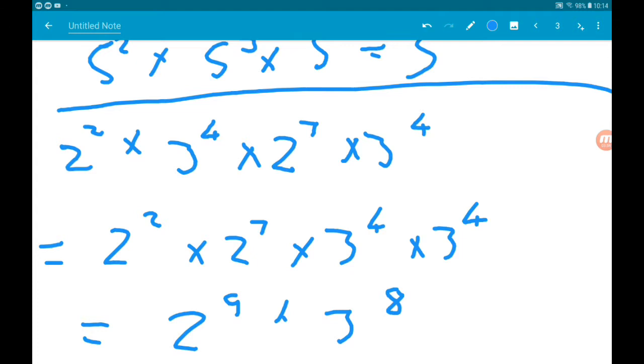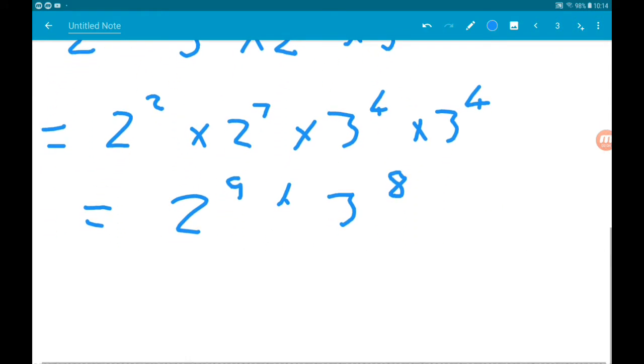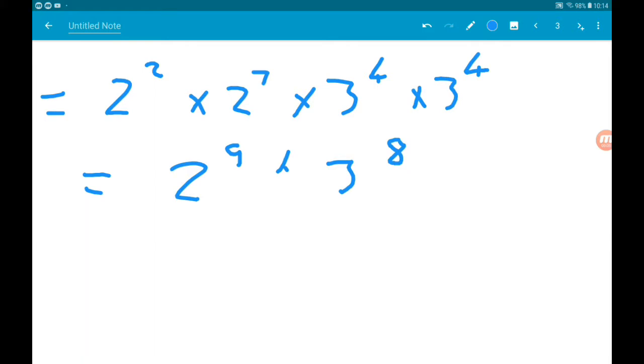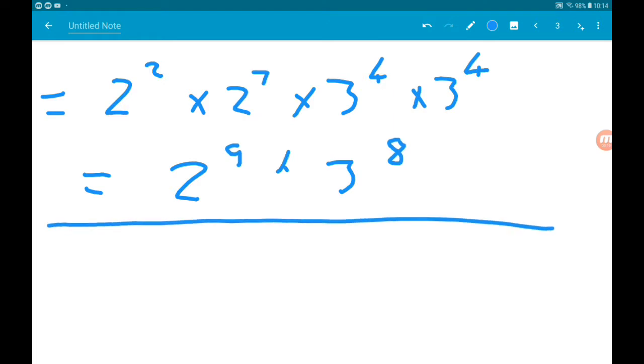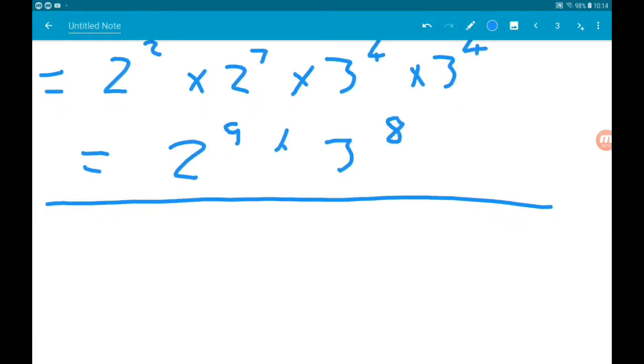It's very common with indices questions that instead of numbers as the base we have algebra. Nothing to be scared of. At Excel in particular I love to use m, so let's say we had m to the 3 times m to the 5 times m to the 8.